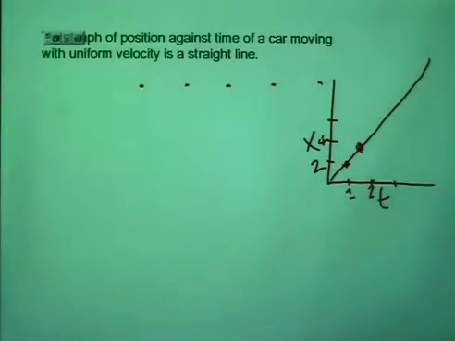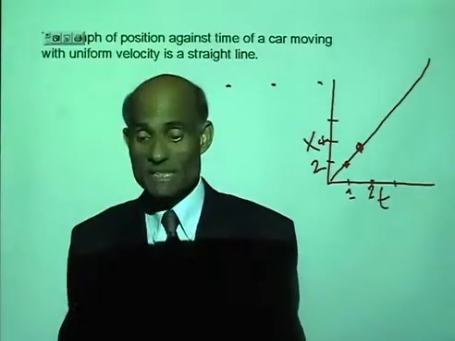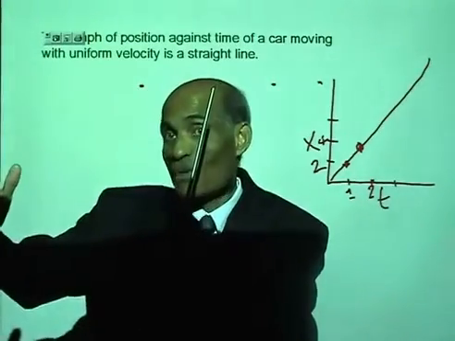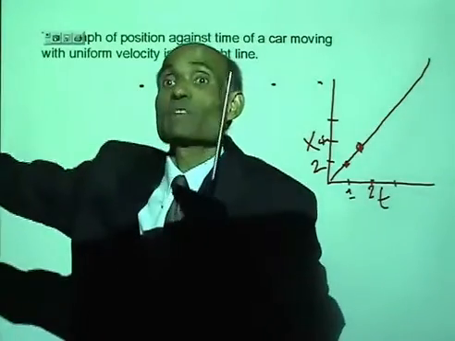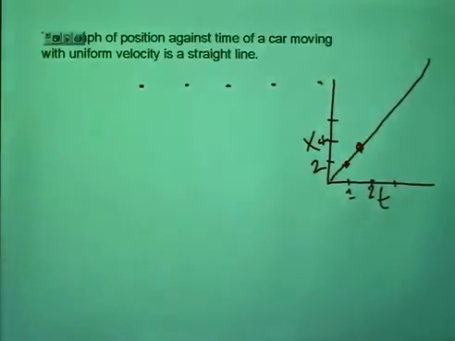Now, what happens if the object is accelerating? An object accelerating means each second the distance it covers will be greater and greater and greater. Now, for an accelerated object, if it starts here, after 1 second it is in this position. After the next second it may be traveling a lot more distance.